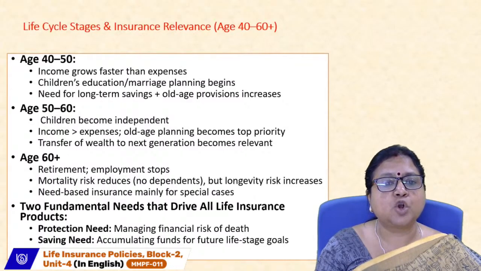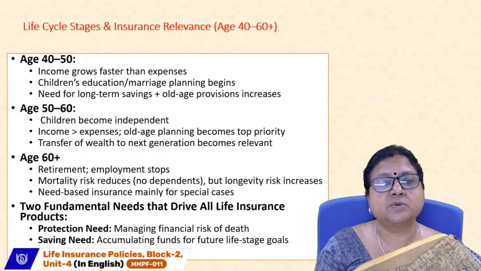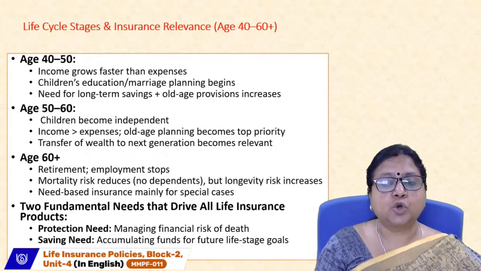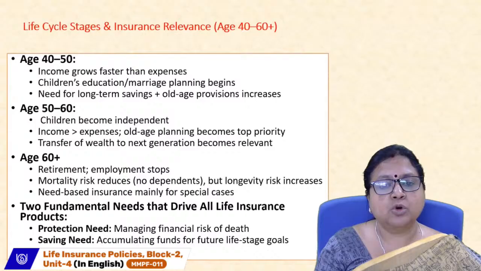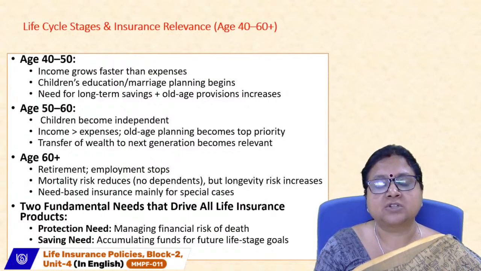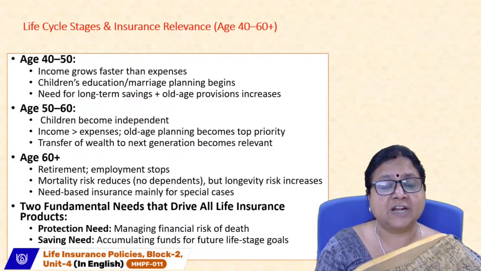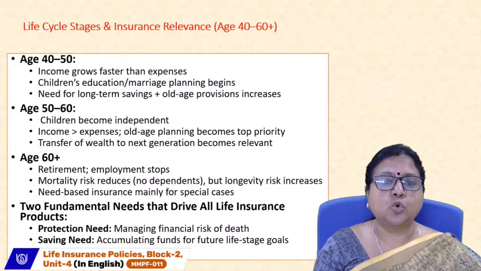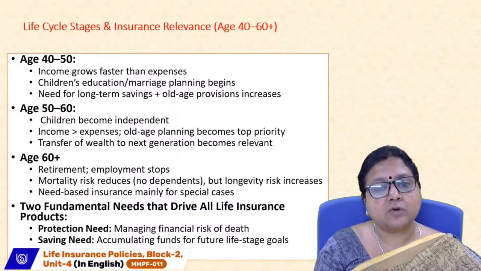So there is a need for long term savings, and also the provision has to be made at the right time for your old age. In old age, when your children are outside or not with you and your income is also not there, you should plan from the correct age and have your own provisions for old age.